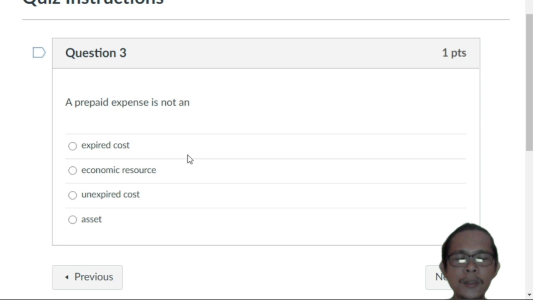Yung expired portion na yan, that is your expense account. Ang matitira, an unexpired portion, that is your balance sheet. So, the prepaid expense is not an expired cost. An unexpired cost, that is your prepaid expense. O yung prepaid expense mo, asset, that's why it is an economic resource. O asset. Ayan. So, ang sagot natin ay expired cost.